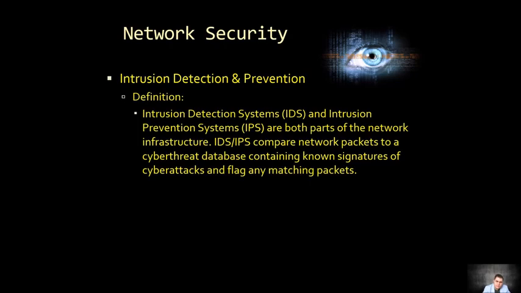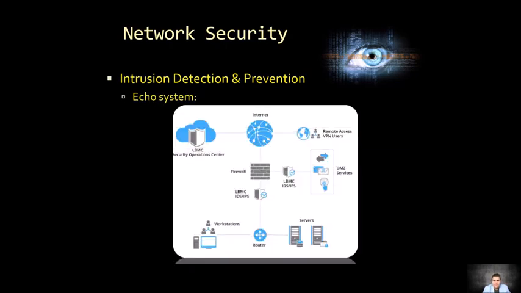So I will advise you strongly to go back and read about the IPS and IDS if you need to refresh your memory. But generally, it's a small device that can be attached right to the firewall or right to the different networks to get an idea what's going on inside the network, to protect it from any known threats.